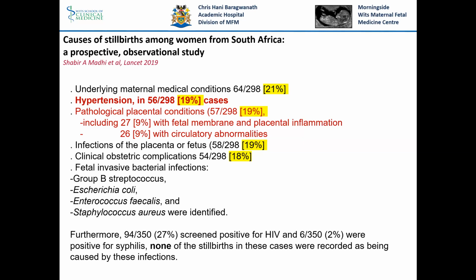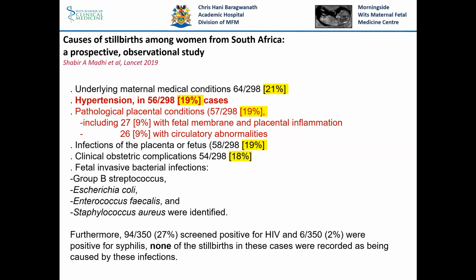If you combine the two, you get nearly 40% of the causes of stillbirths due to hypertension and placenta pathology. And there are other issues.